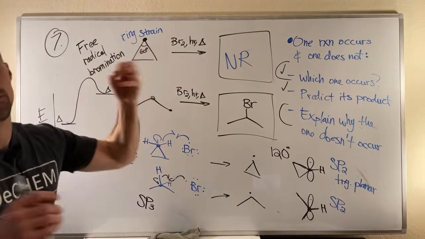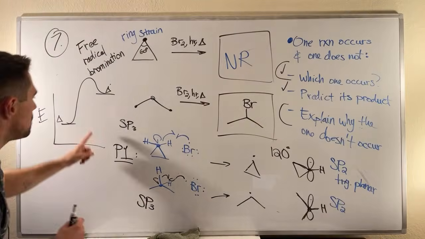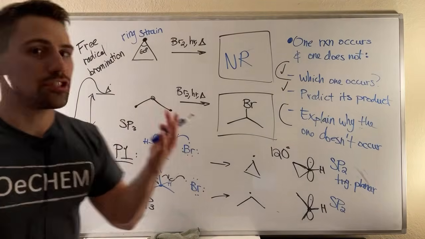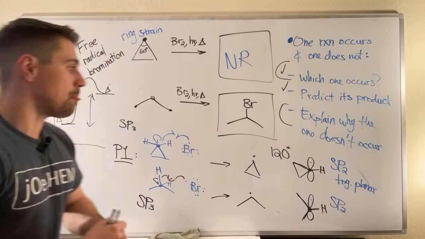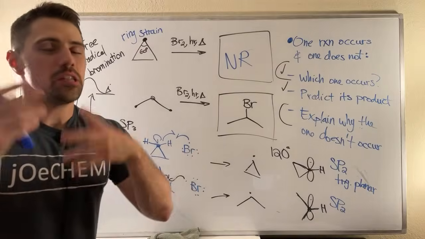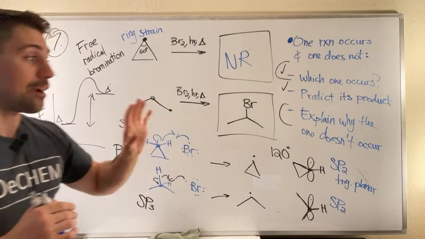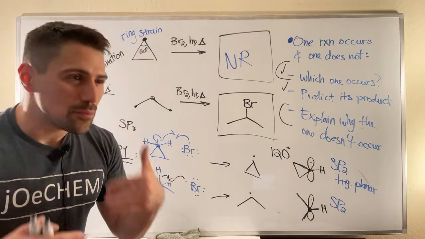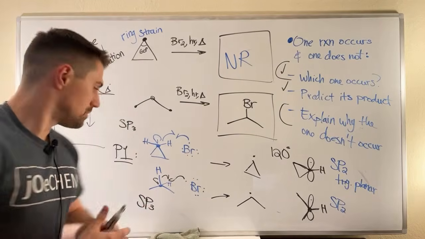But the ring strain is just too great to overcome. The energy required is so high that the reaction doesn't go. Okay. If that didn't make sense on the first try when this video comes out, listen to this again, because I remember this melted my brain the first time I heard it, but after hearing it a few more times, it made a lot of sense.